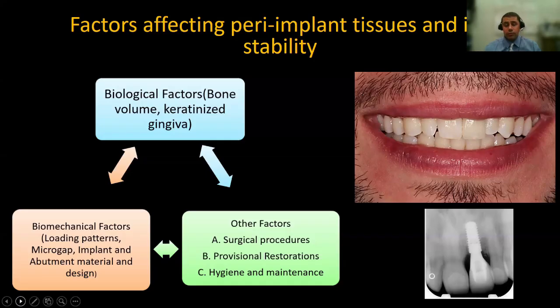And of course, something very important is biomechanical factors: loading patterns, micro gap accumulation, implant design, abutment design, the micro gap that exists between the dental implant and the abutment, where it is located, and how it relates to tissue health. The stability of all of these factors results in very good implant tissue health and its maintenance long term.